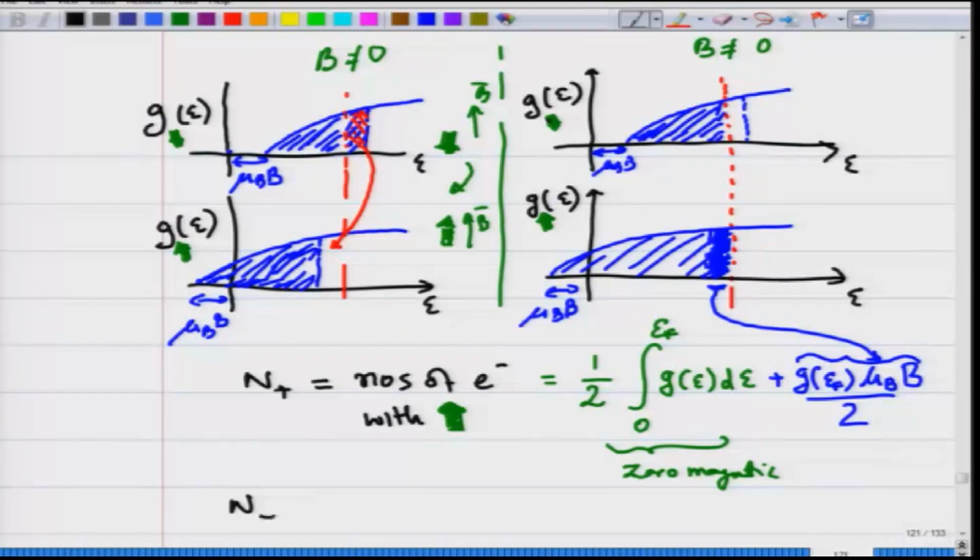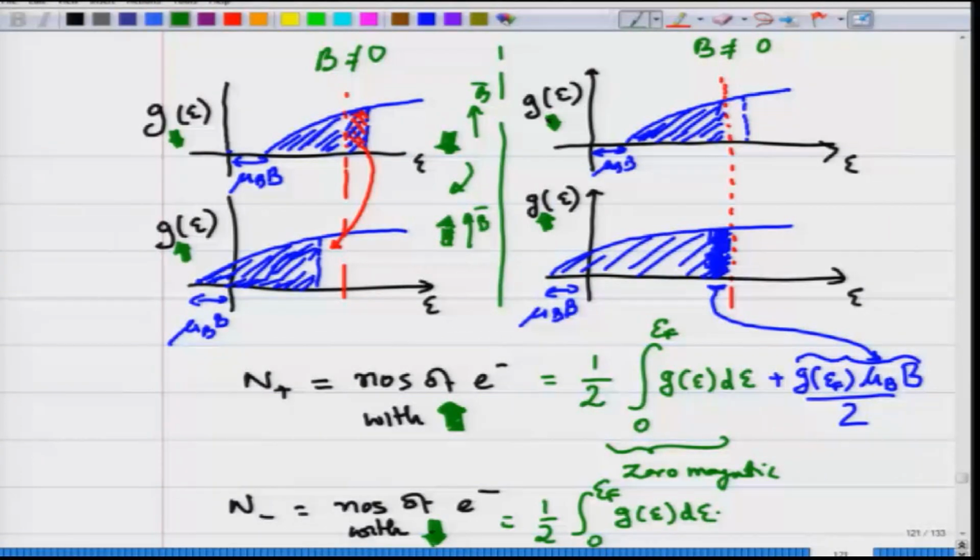So, N minus is the number of electrons with magnetization pointing in the downward direction with respect to the magnetic field, and this is equal to again half integral 0 to EF G of E dE. This is nothing else but N by 2.